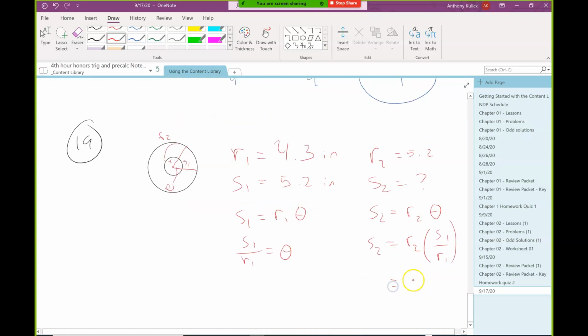I know R2, that's 5.2. I know S1, that's 5.2. And I know R1, that's 4.3. And there, I just have to type that into my calculator. Does that feel okay? Yeah, no problem. So it's just about juggling them around in the right fashion. The key observation, though, is that theta was the same in both situations. So I can use the smaller one to solve for theta, then use the bigger one.